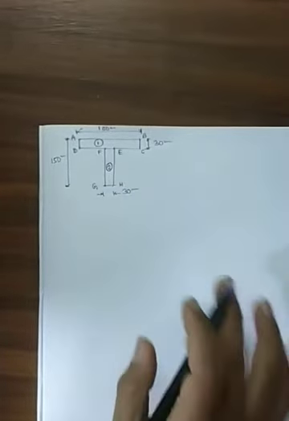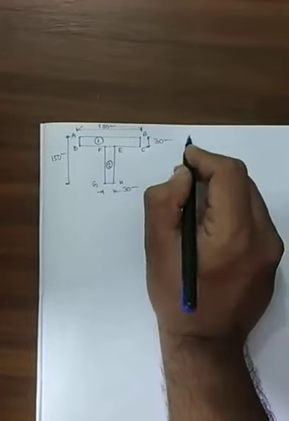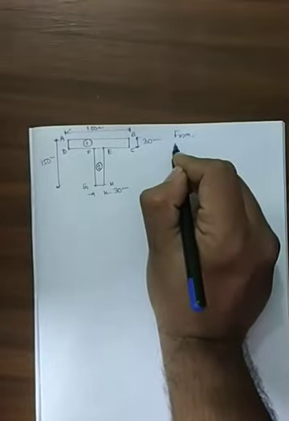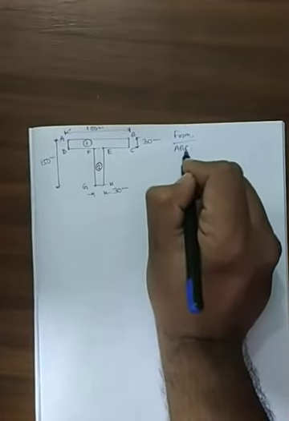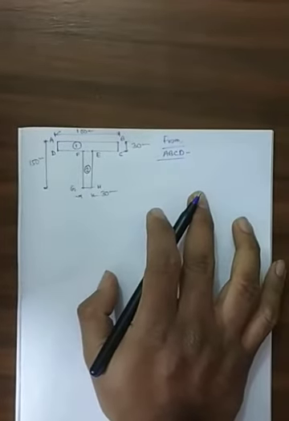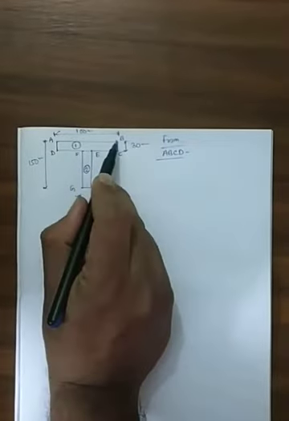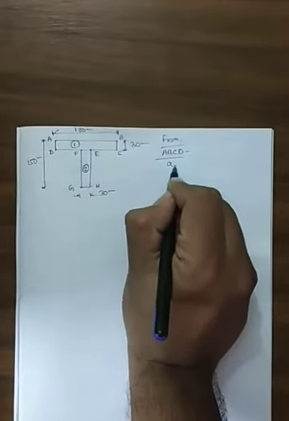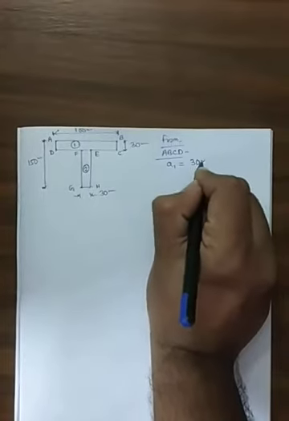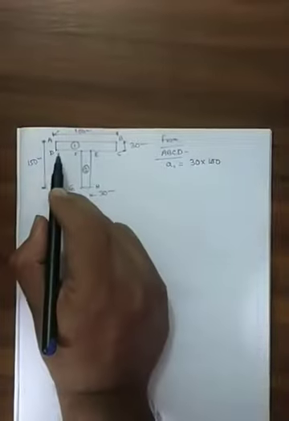So first take from ABCD rectangle. From ABCD rectangle we can say what will be our area. The area of this rectangle will be A1 is equal to 30 into 100, because this is the length and this is the breadth.